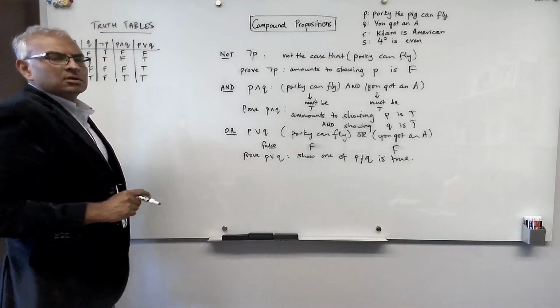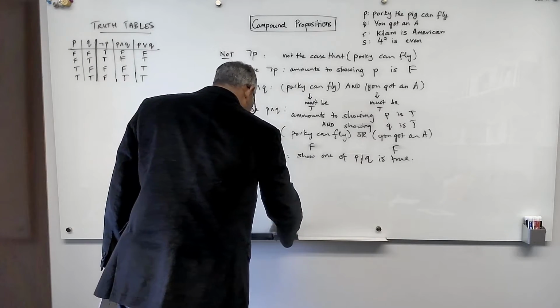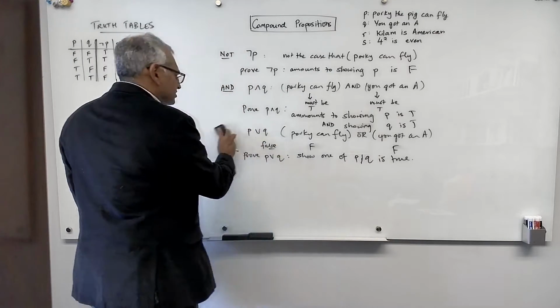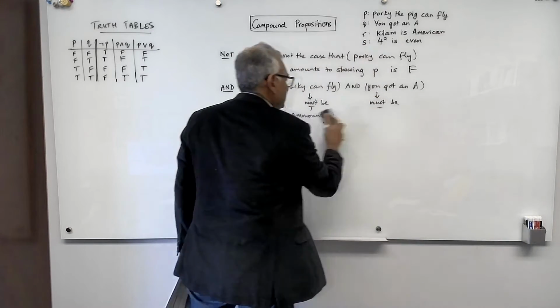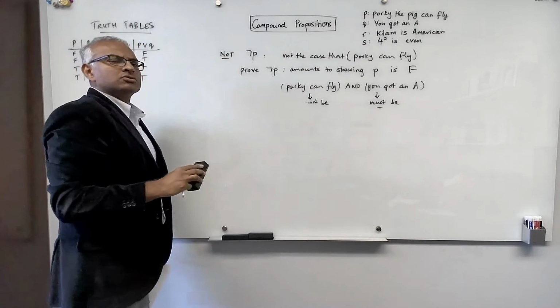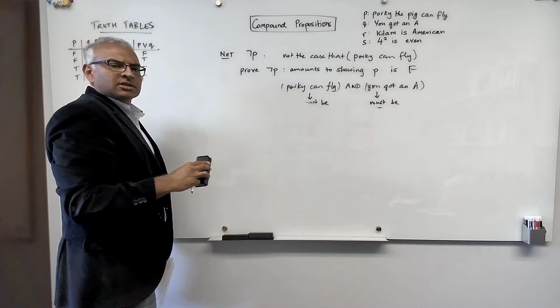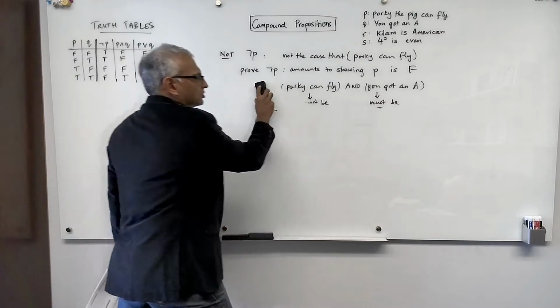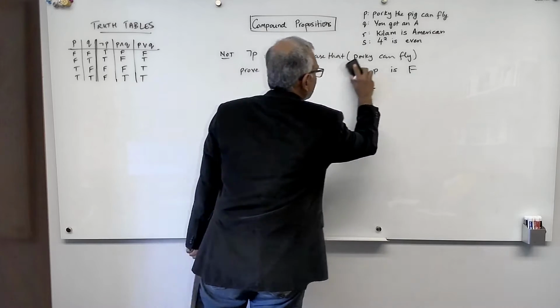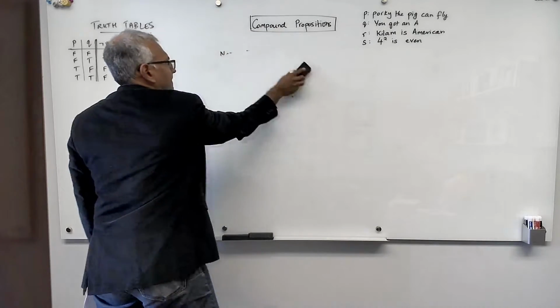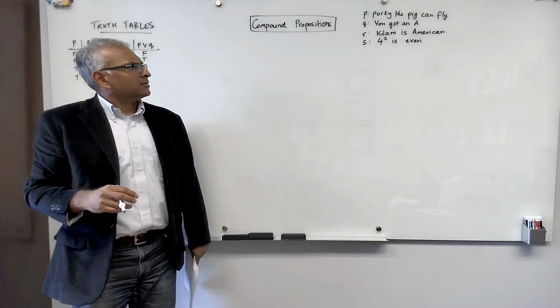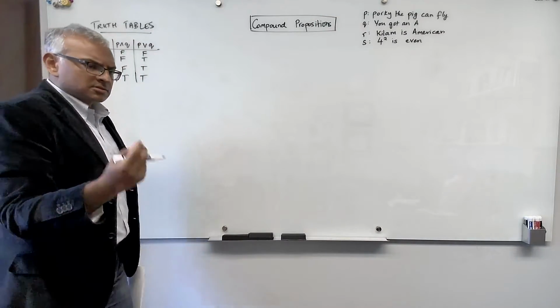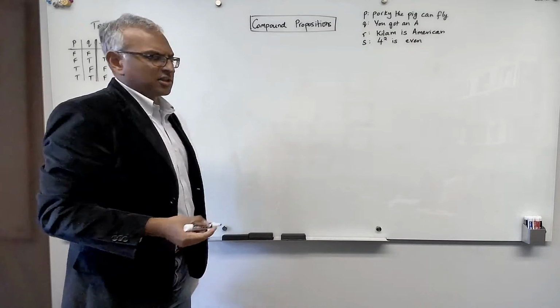It's the most complicated of these connectors, the most complicated compound proposition, and unfortunately it's also the most popular one when it comes to math. Most of the things that we like to prove involve the implication, the if-then. Instead of talking about flying pigs and so on, let's talk about a more down-to-earth implication.